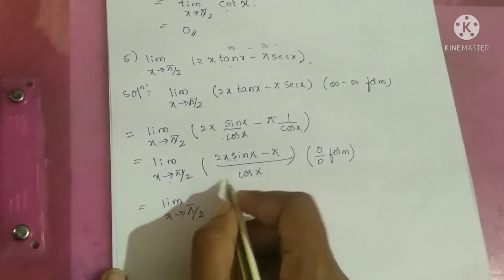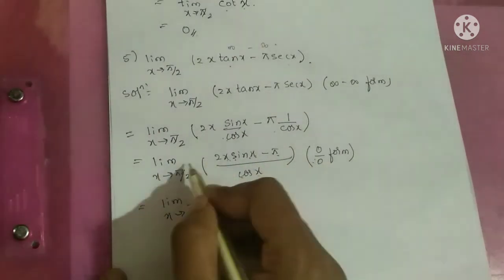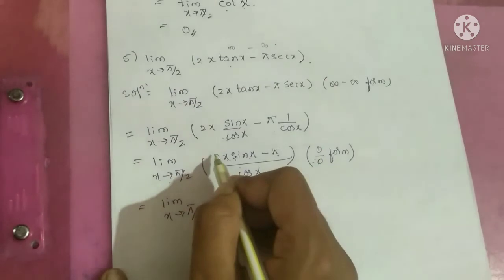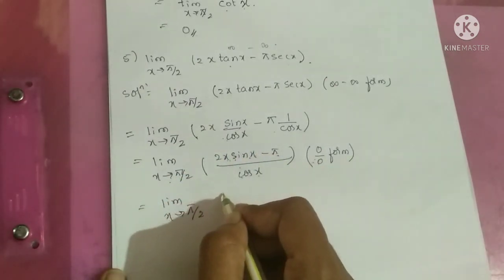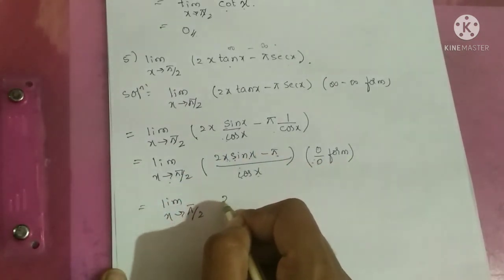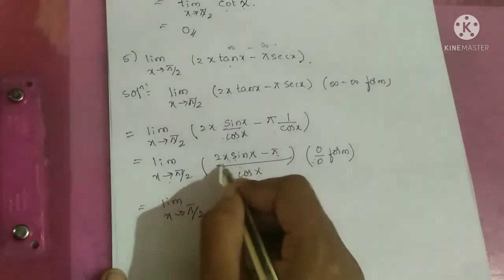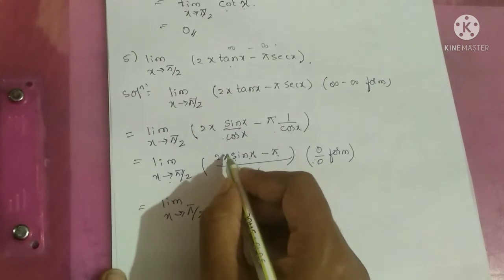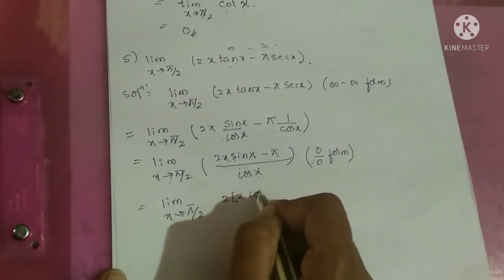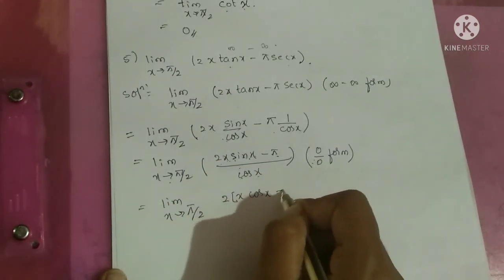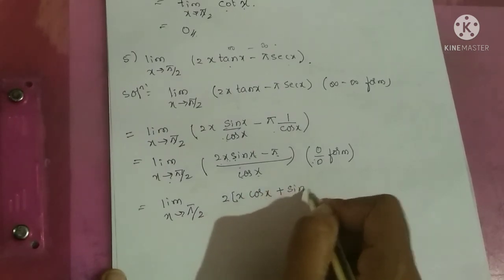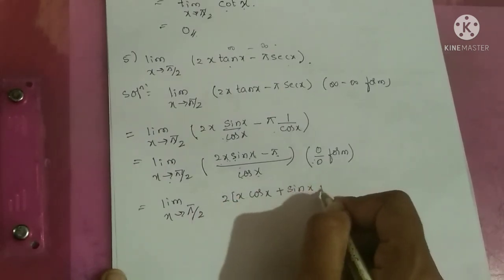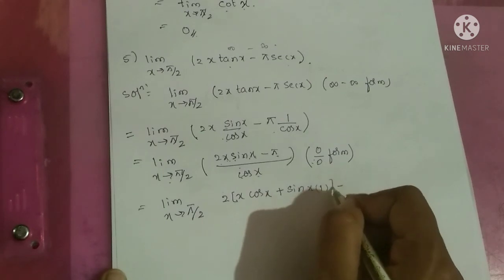When you get 0 by 0 form, you have to apply L'Hospital's rule. So you differentiate the numerator and denominator separately. The differentiation of the numerator, since you have the product rule: 2 is constant here, first term as it is, into differentiation of the second, which is cos x, plus the second term, that is sin x, into differentiation of x, which is 1. Differentiation of pi is 0.